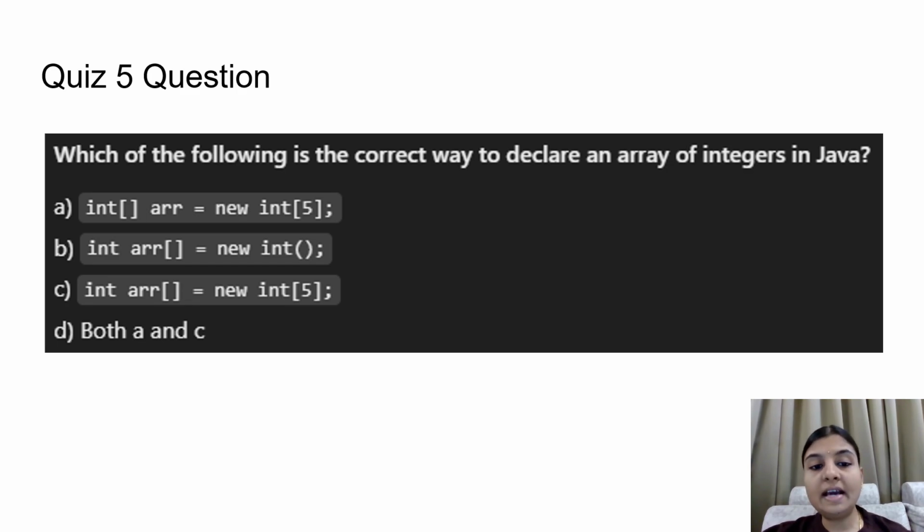In A and C they have constructed it that way, so it is correct. But in B the size of the array is not mentioned, so that way we shouldn't. So D is the answer.